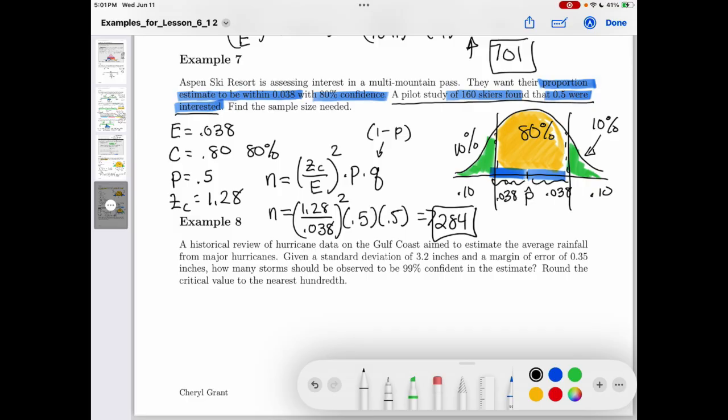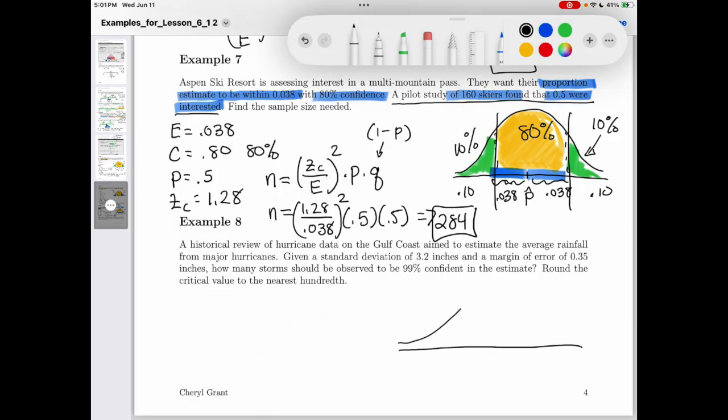So here's our picture. We want a 99% confidence interval. This is a mean. We're talking about averages, so our sample mean is going to be our point estimate. That's going to go in the middle. Then we know that we have a standard deviation of 3.2 inches. That was given here in the problem, and we want a margin of error of 0.35.